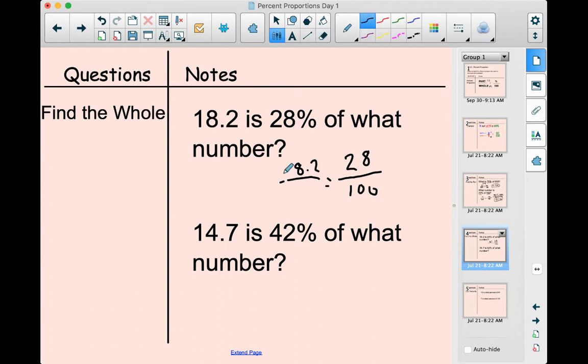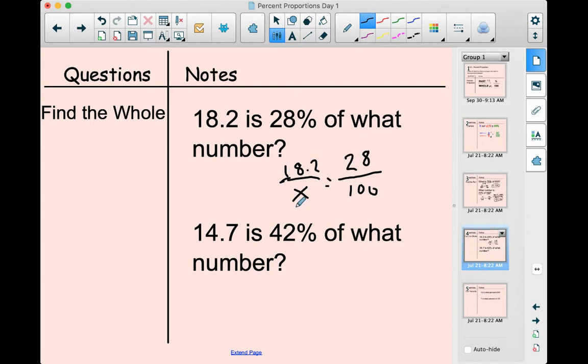So 18.2 is the part in this case. The whole, the number that this is 28% of, that's what I don't know. That's on the bottom. Hopefully you can see we're keeping this consistent too. X, this number I don't know, that's the 100%, that's the whole thing. This 18.2 is 28% of that.